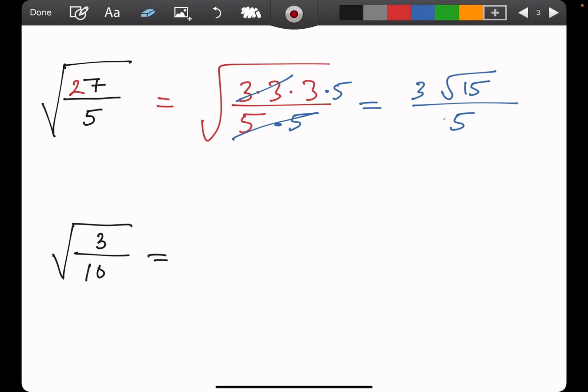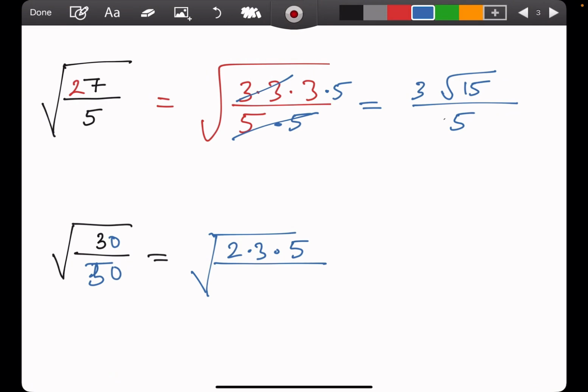Let's go to the next one. 30 over 50. You want me to change to 30 over 50? Okay, so let's change to 30 over 50. Let's break 30 down. So this is going to be 10 times 3, which is 2 times 5 times 3.